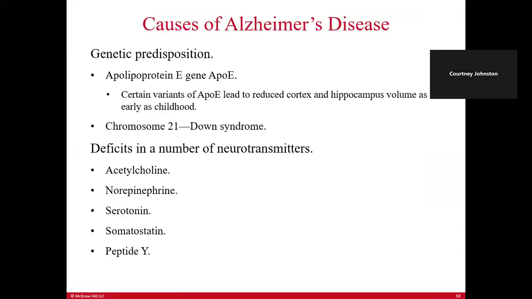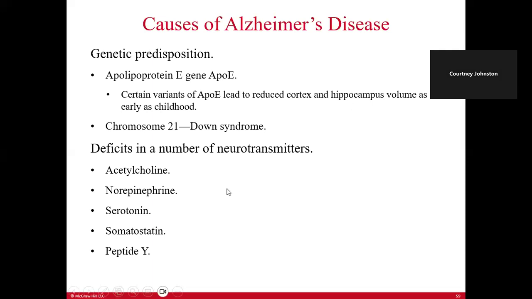of that cortical damage. Again, the causes, we're looking at the APOE gene, like we talked about genetically, and certain variants of it lead to reduced cortex and hippocampal volume as early as childhood, thus increasing the risk of Alzheimer's later in life. Also, Down syndrome can predispose someone to Alzheimer's disease.